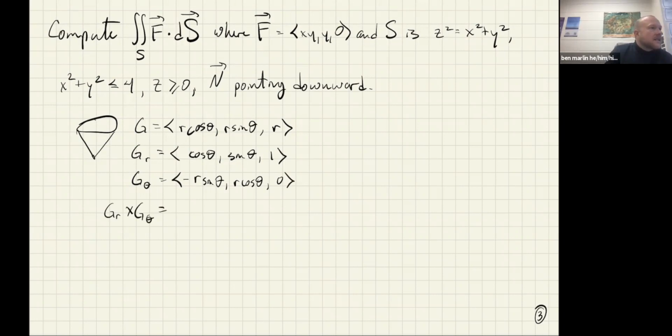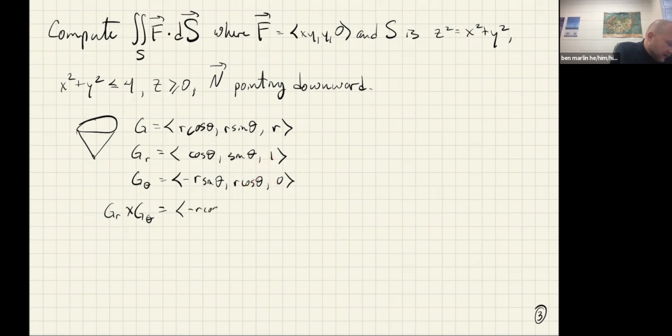What was that? Again, I did this ahead of time. And so when you do that, you come out with r cos, no. Yeah, I did it ahead of time, but I can see that I have an algebra error in what I did ahead of time. Okay, so the cross product there with the G sub r cross G sub theta, we're going to have to say sine theta minus r cosine theta.